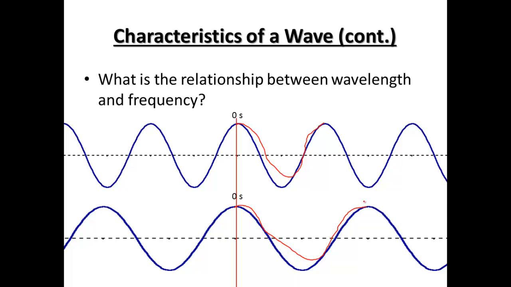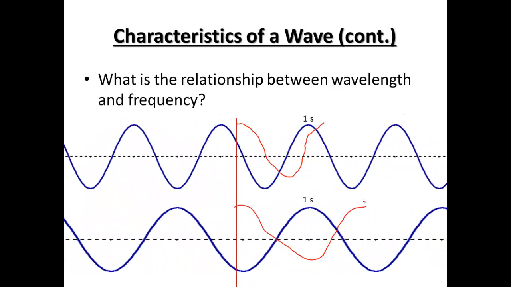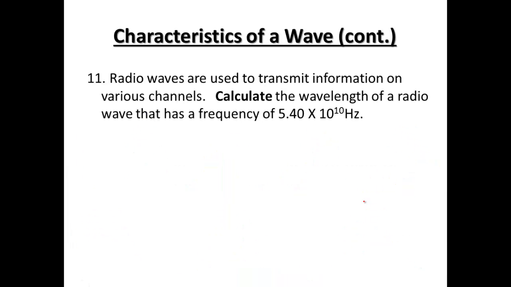The longer wavelength, like the bottom one, gives less frequency. As they travel 1, 2, 3, or 1 second, we have a different number of waves per second depending on the wavelength. So it's inverse: one goes up, the other goes down. A couple of problems we're going to work through.